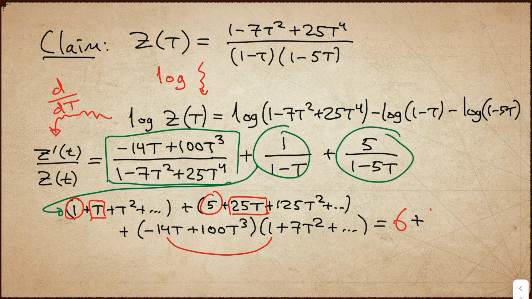So that is 12t. And then there are higher terms, but you already see that this looks indeed like the power series of point counts. So we did have the right zeta function.